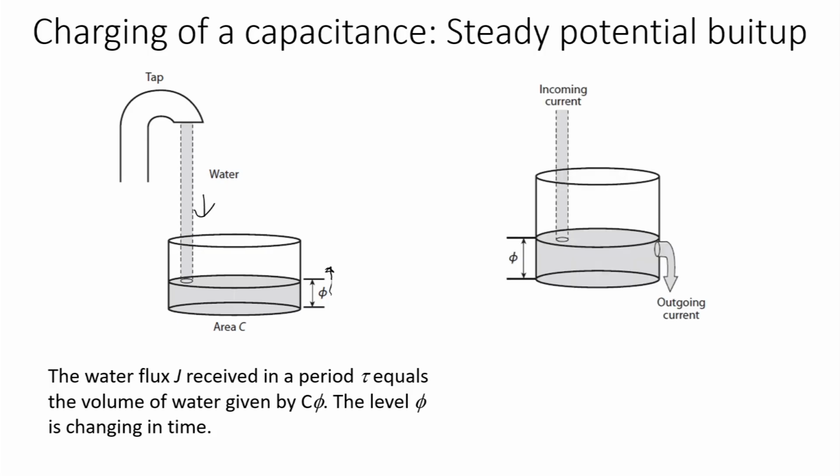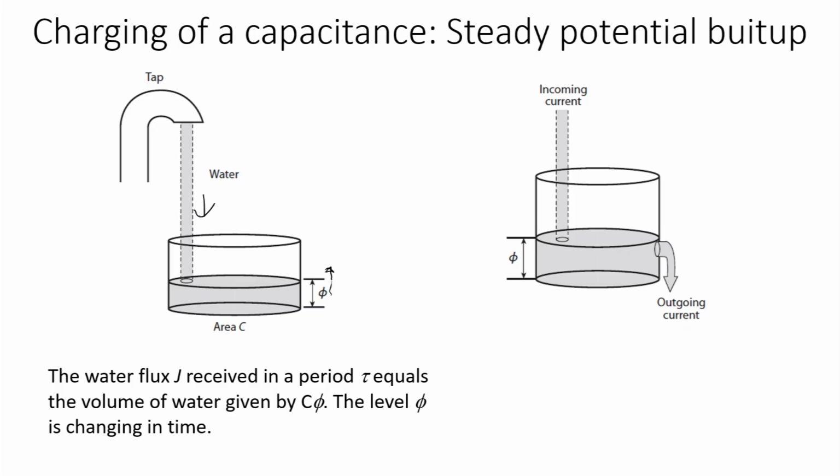Now, assume that you have put a small outlet, then what will happen? Water is coming in and it is going out also. Now, when the incoming water flow and the outgoing water flow rates are the same, then what will happen? This height will not change. So, this concept will be used in our subsequent discussions.